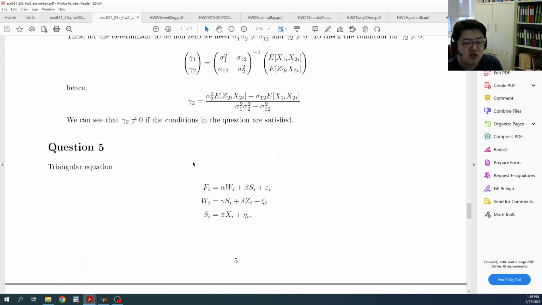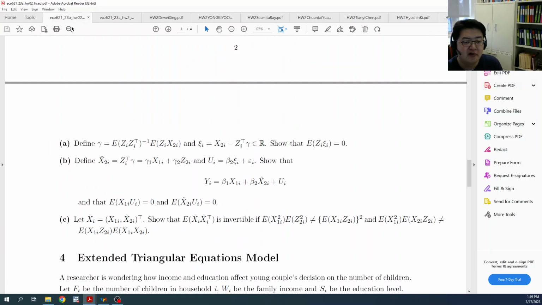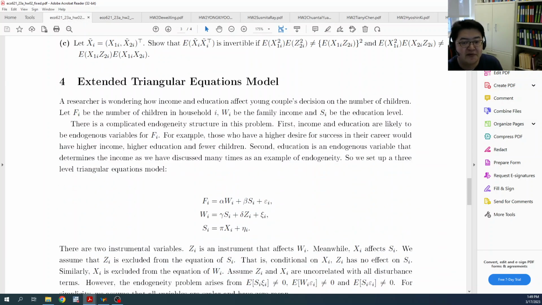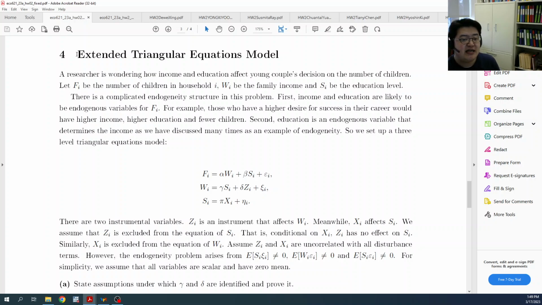And let me continue to question 4, but numbering problem. So this is on extended triangular equations because x affects s, and then s affects f, and another variable affects, anyhow, it's connected to each other in a very complicated way.